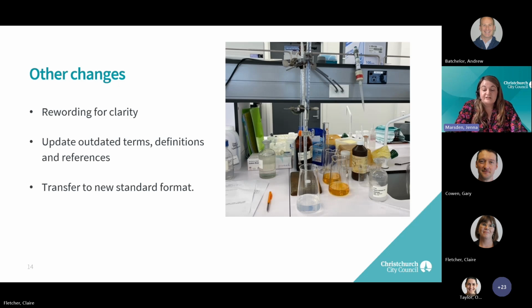There are some new definitions that have been added to aid understanding or to support enforcement, while terms that are no longer relevant to the bylaw have been removed. And we've also put the bylaw onto our new standard format for bylaws. I'll now hand back to you, Claire.